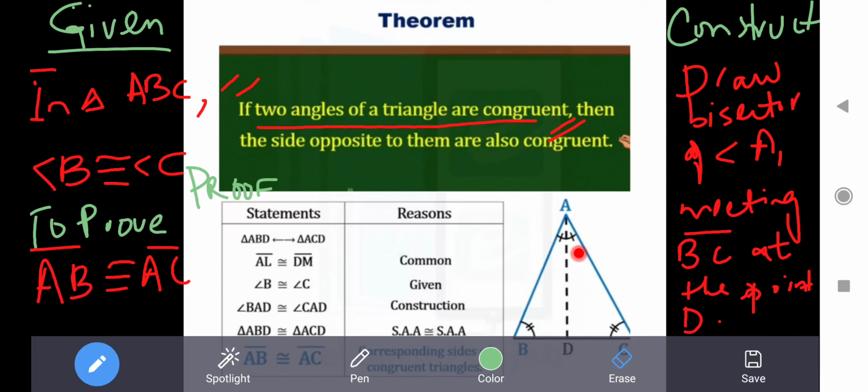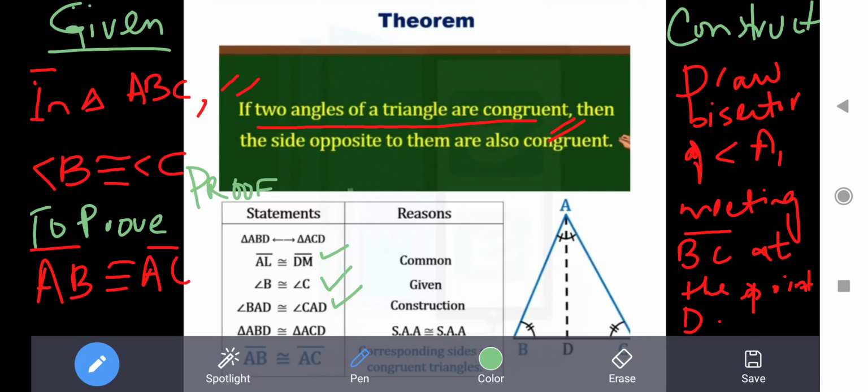As I told you, when two sides and one angle, or two angles and one side, are congruent, then we can use the side angle side or angle side angle postulate. Over here, see what we did: this is side, this is angle, this is angle. So we used the side angle angle postulate.